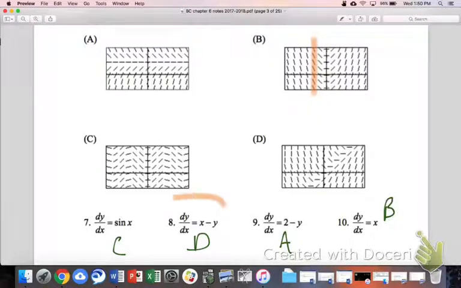So guys, if we swing all the way back to number 8, dy/dx depended on x and y, so you should see neither a vertical nor horizontal pattern there, but some kind of diagonal, sometimes complicated, pattern. And you see, of course, that happening in option D. And for 10, like he solved it, 1/2 x squared plus c.